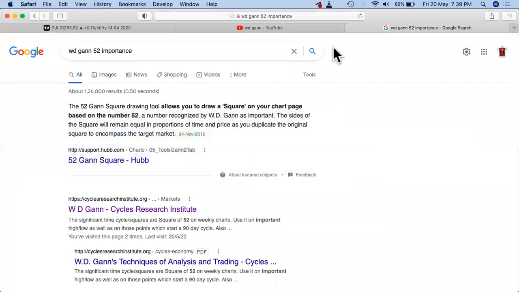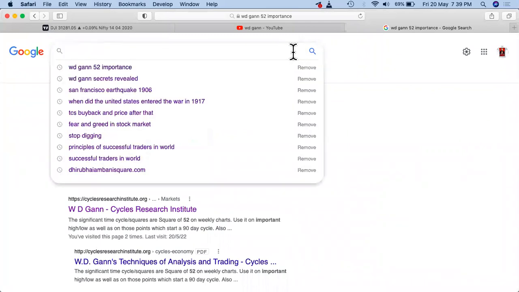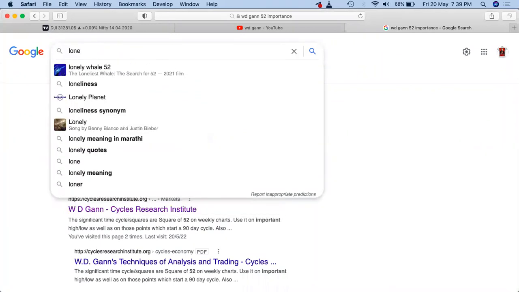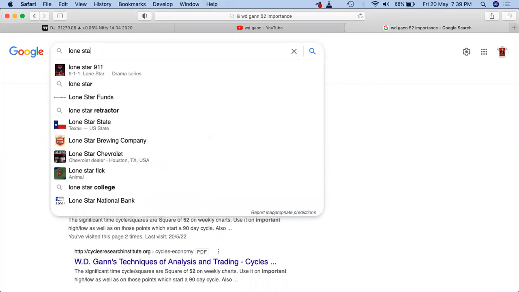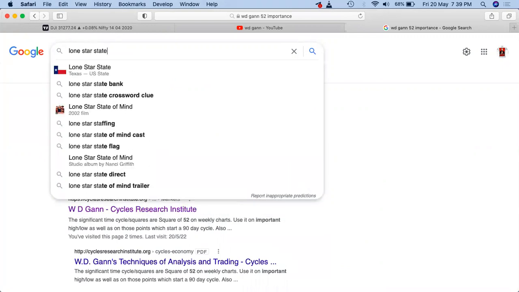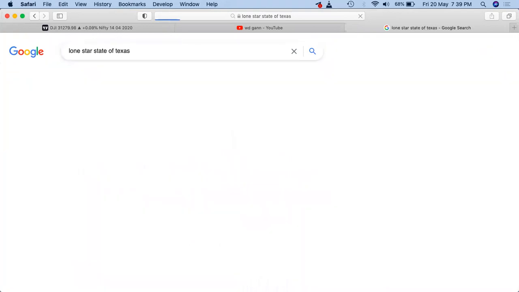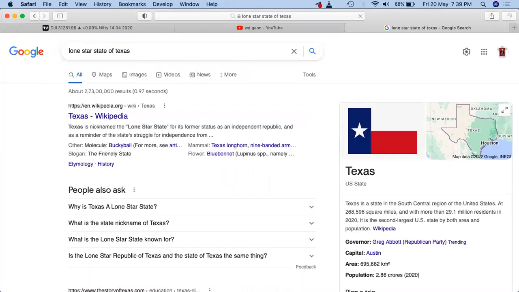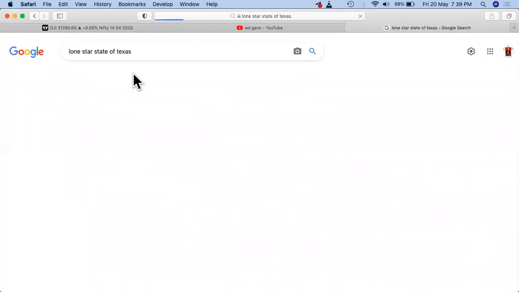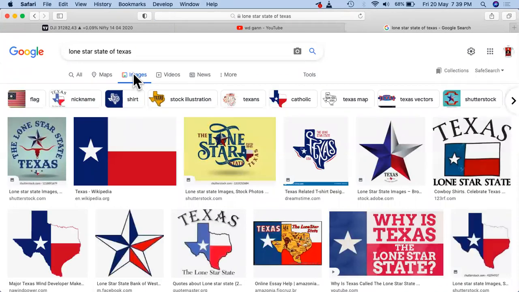Let's try to find out what exactly this Lone Star state of Texas is. Let's go to Google. Lone Star state of Texas. Right, so this is more of history. Let's try to go to the images and understand things.